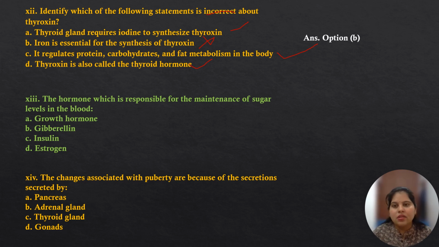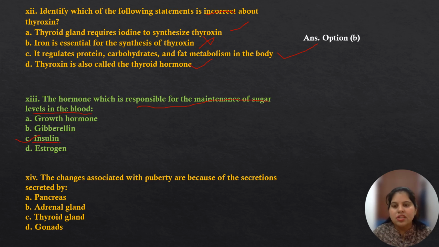Next question is, the hormone which is responsible for maintenance of sugar level in the blood. The sugar level in our body is maintained by the hormone insulin, and insulin is secreted by the pancreas.